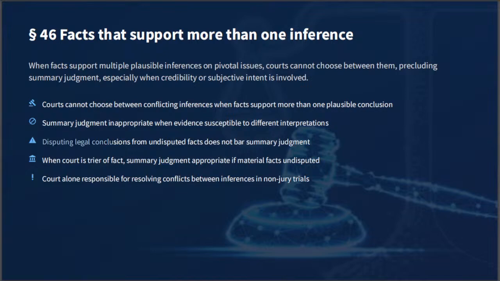So it's not about the legal conclusions, it's about the facts, the undisputed facts, or if there is dispute among the facts. When the court is trier of fact, as in a directed verdict here, summary judgment is appropriate if material facts are undisputed. So all the evidence would support a directed verdict.